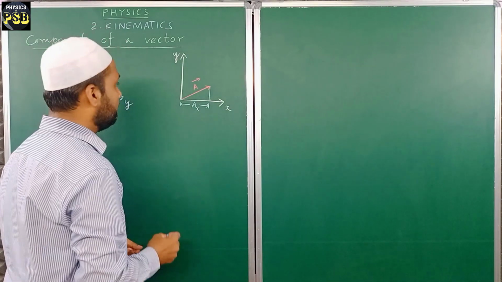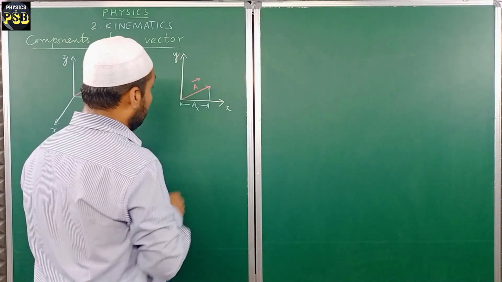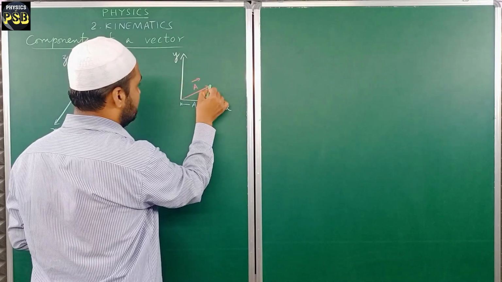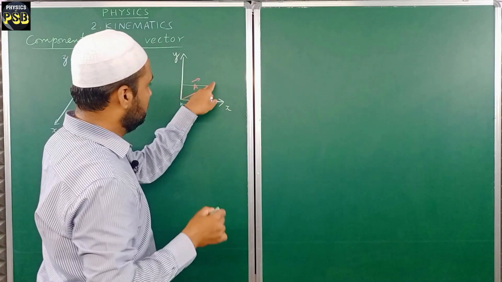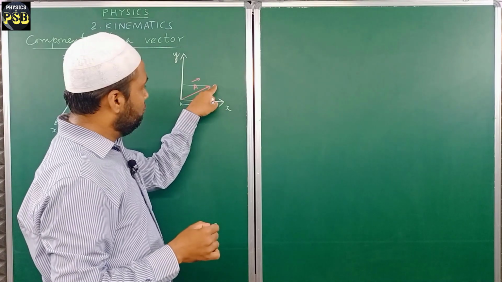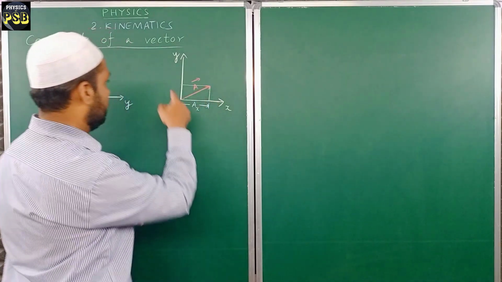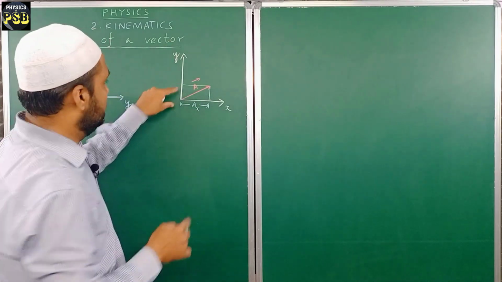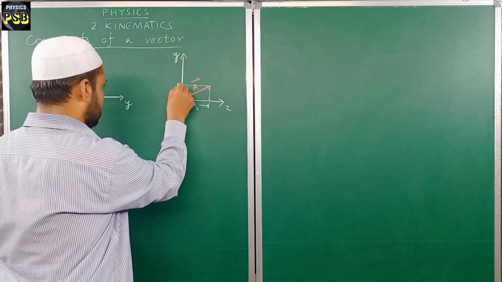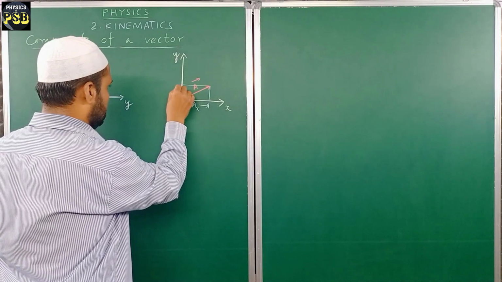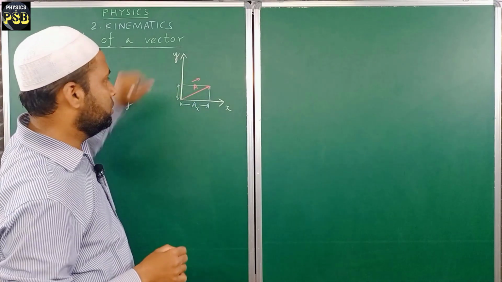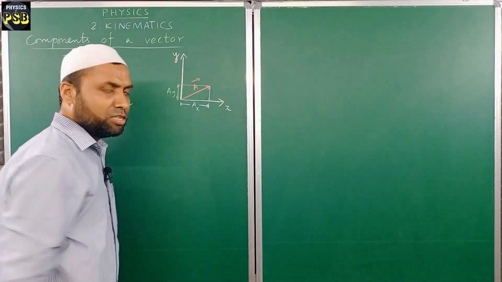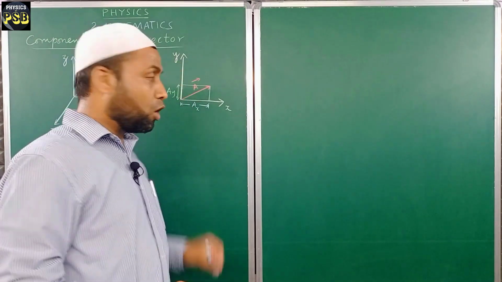This is the component of a vector along x-axis. In a similar way, when a line is dropped from the head of the A vector, it intersects on the y-axis. And this length on the y-axis gives us the AY value, which is nothing but the component of A vector along y-axis.